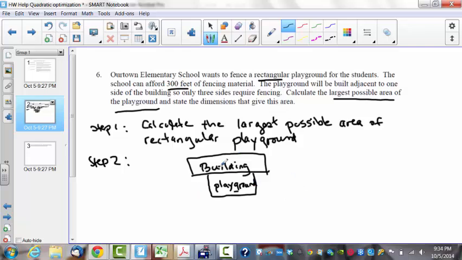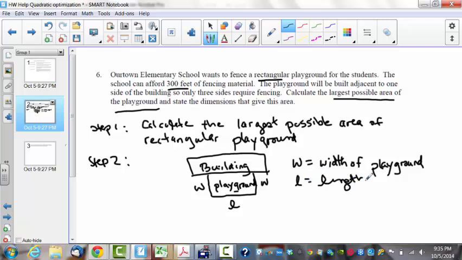And we can write down some formulas here. If we call this the width, this is also the width, and this would be the length, and I'm just calling the side that's longer the length, L. So let's say W equals width of playground, and L is equal to the length of playground.